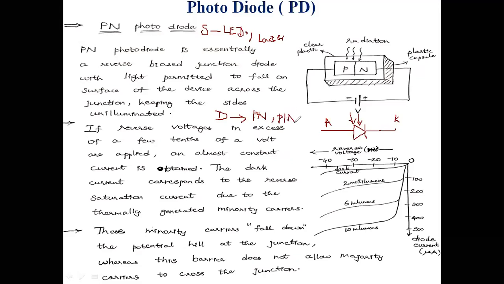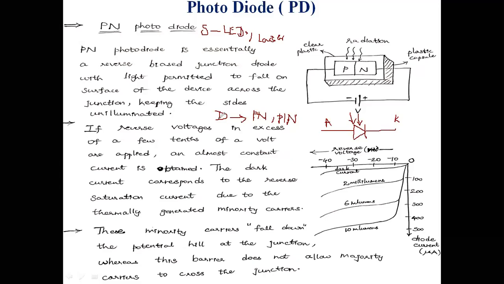PIN photodiode, and one more application is also there: the phototransistor is also available. After transistors, we will see the phototransistor also. These come under detectors, the PN photodiode and PIN photodiode.